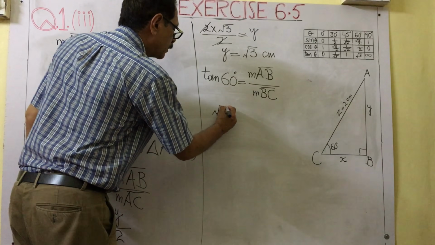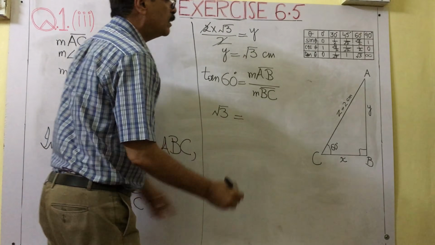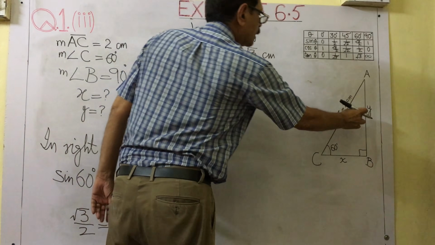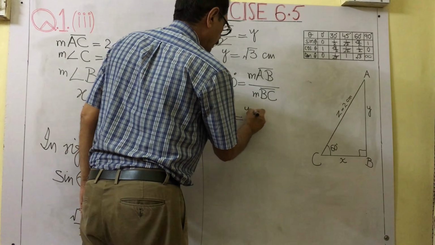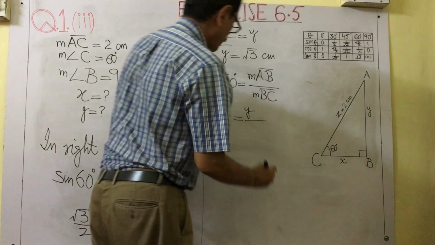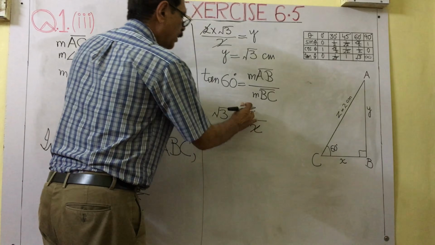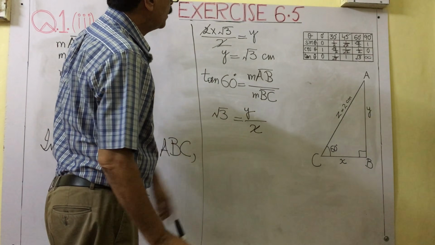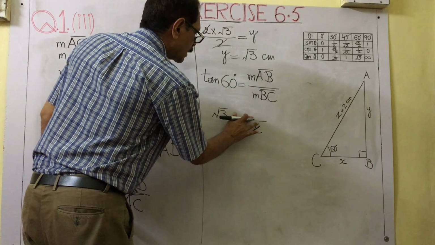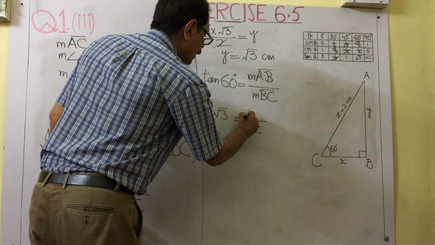Putting the value, AB is Y, over BC, which is X. Now putting the value of Y, which is equal to square root of 3.